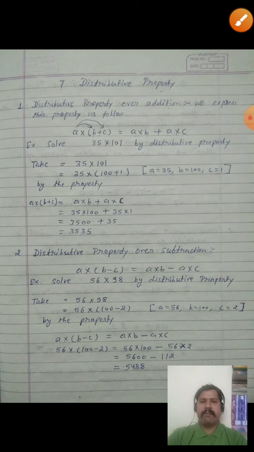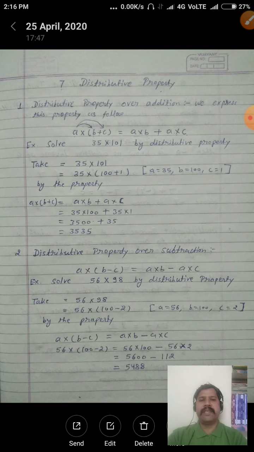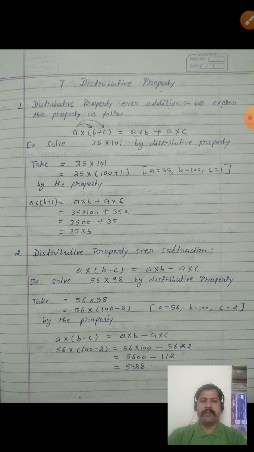Okay, now we compare these two statements. When we compare these two statements, we have a is equal to 35, b is equal to 100, and c is equal to 1. Clear? Now, after that, substitute the values of a, b, c in the given expression.